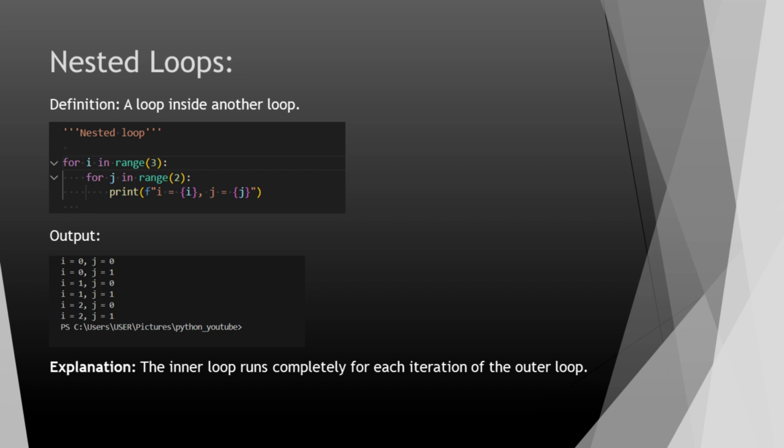When I print my i and j, you can see how our range works. For i, it has printed numbers from 0 to 2, and for j, it has printed numbers from 0 to 1. The explanation is that the inner loop runs completely for each iteration of the outer loop.